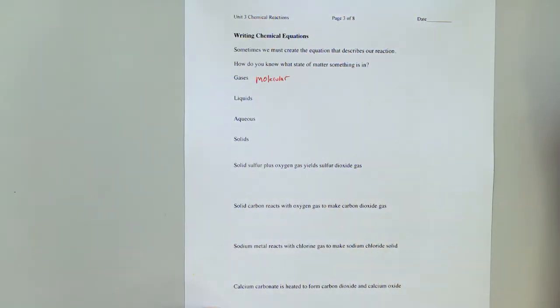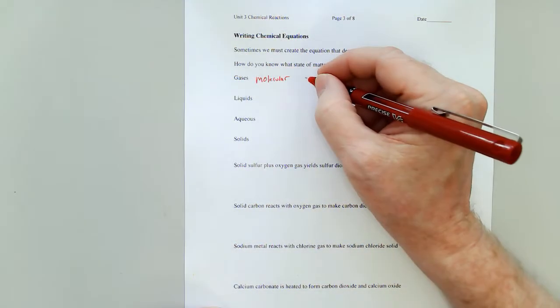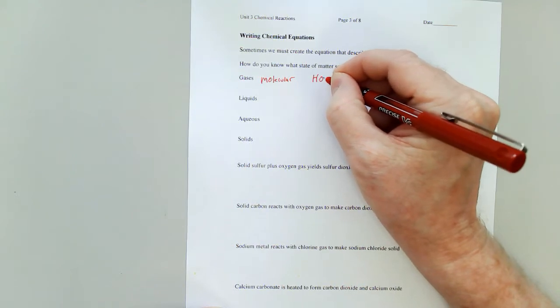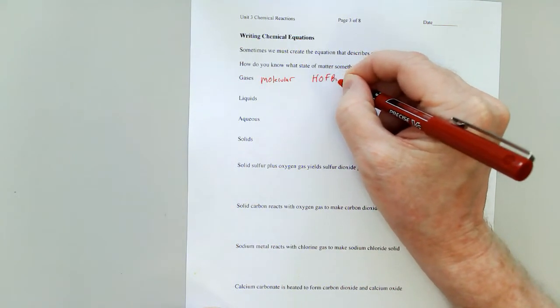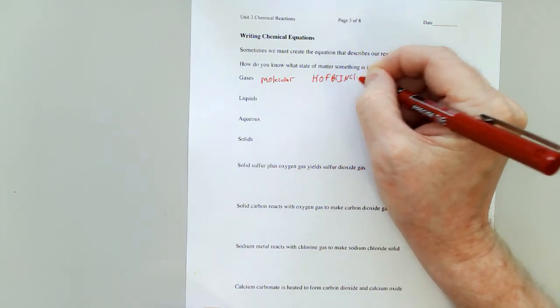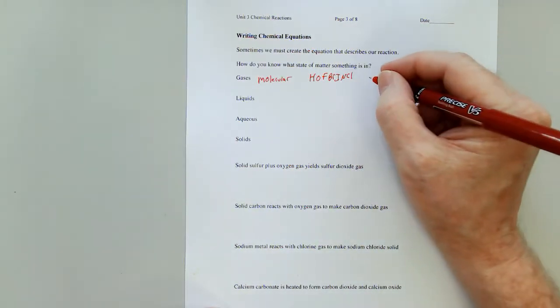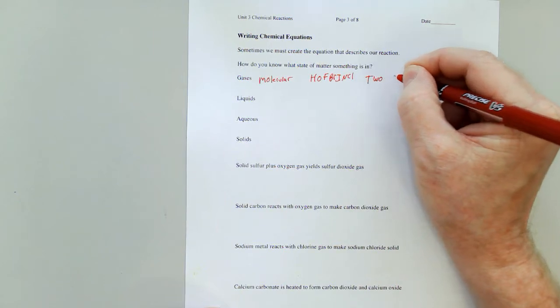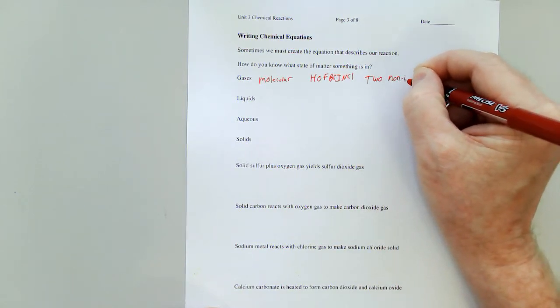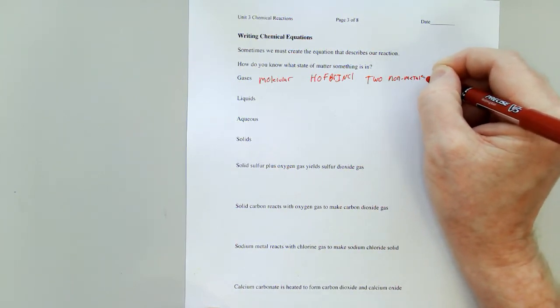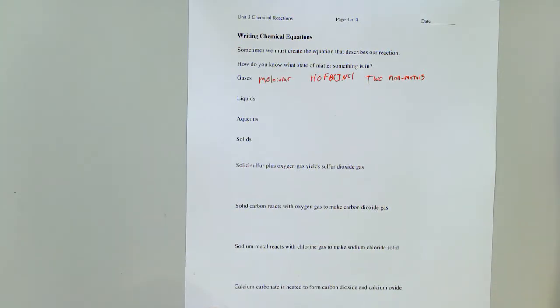So when we're talking about the things that we called Hofbrinkel, if something is made up of two nonmetals together, it is most likely going to be a gas.